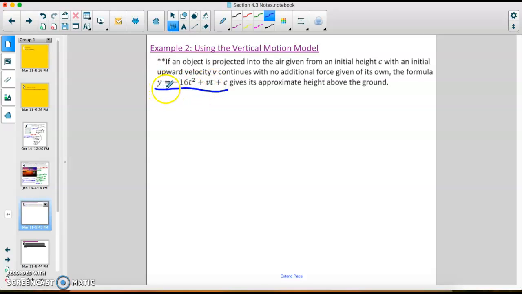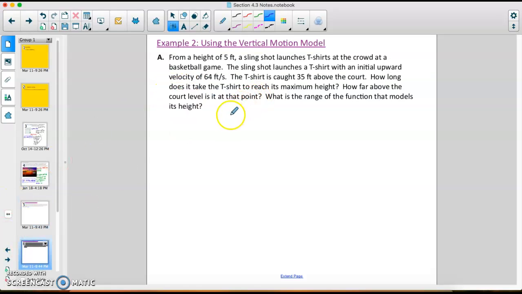And then y is going to be the height above the ground. All right, so we're going to apply this equation. I'll rewrite it for us. Negative 16t squared plus vt plus c. We're just going to use this equation and plug it in. So we have a basketball game, and from a height of 5 feet, a slingshot launches t-shirts into the crowd.